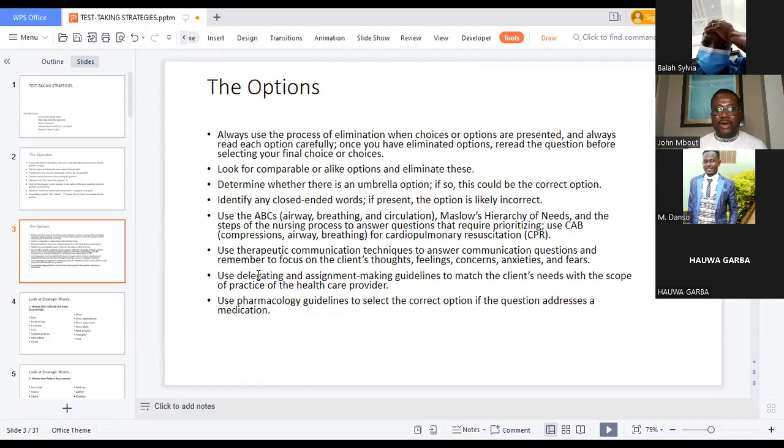You don't say 100% is either always on the positive side or always on the negative side. There are some words that you use. You don't tell me that you should always administer normal saline 500 ml to a patient who is dehydrated.